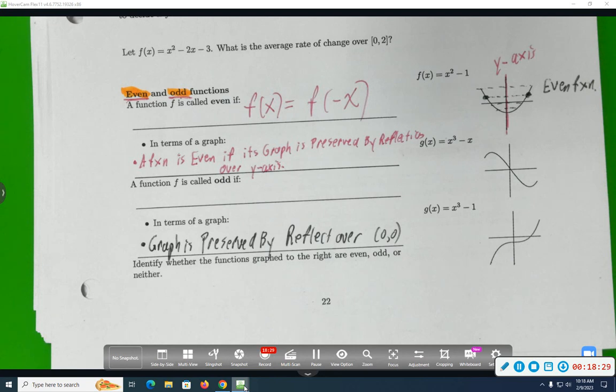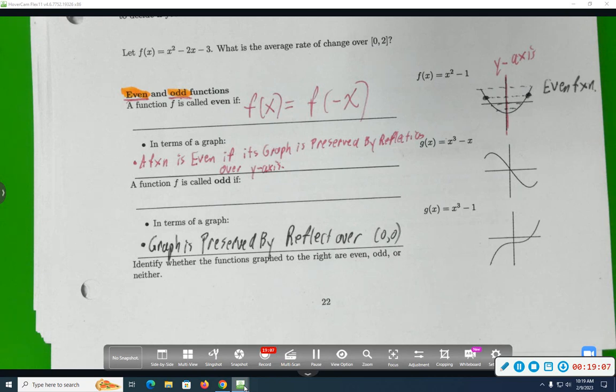Right, so the graph was preserved by reflection over the origin. Let's think about what that does. If you take a point in the xy plane and reflect it over the origin, you land at the opposite point, say negative 2.